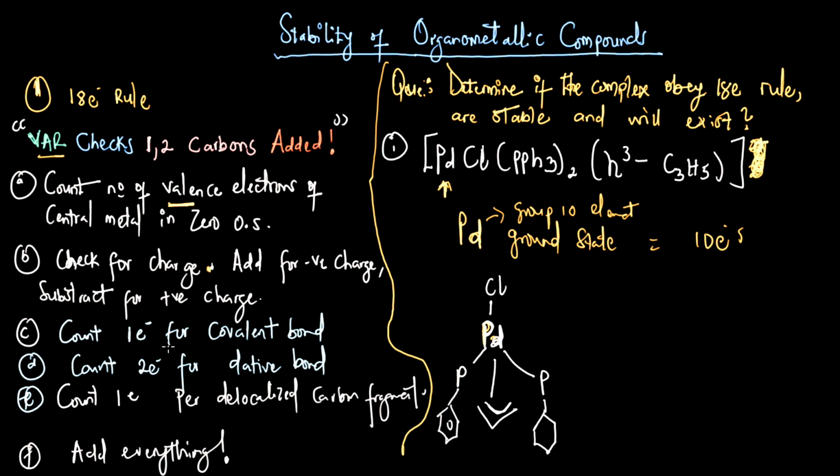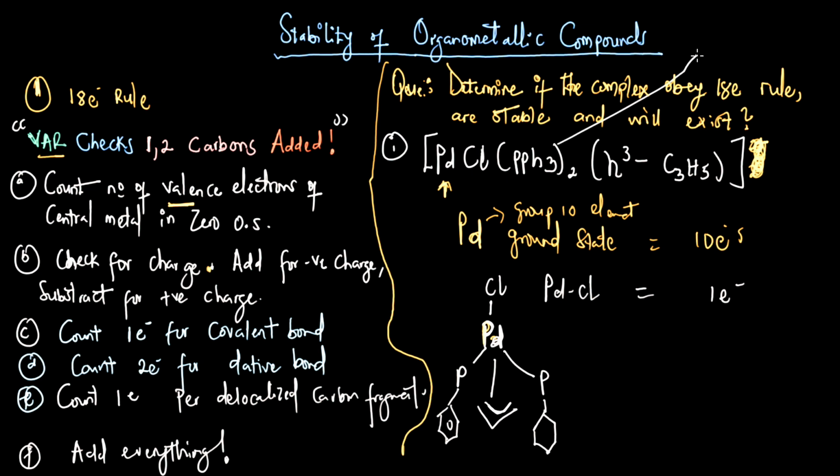Count 1 electron for a covalent bond. It's important to note that this kind of bond here, chlorine bonded to the palladium, is a covalent bond. So we have Pd-Cl, you add 1 electron, right? The covalent bond. Here also, the metal to this phosphorus phenyl is a dative bond. You need to note this.